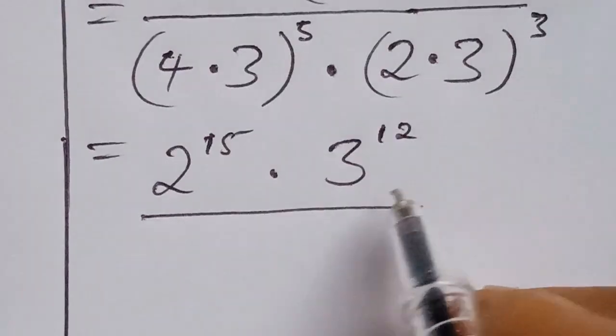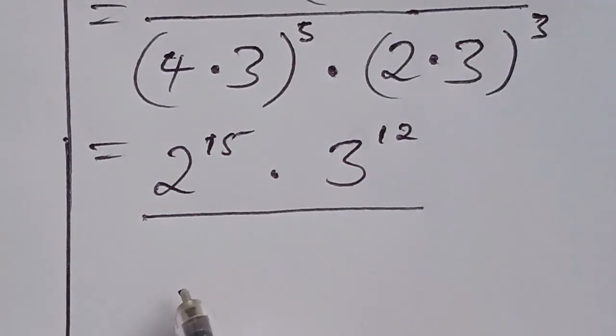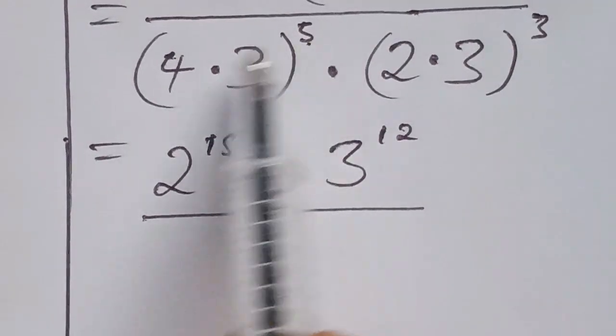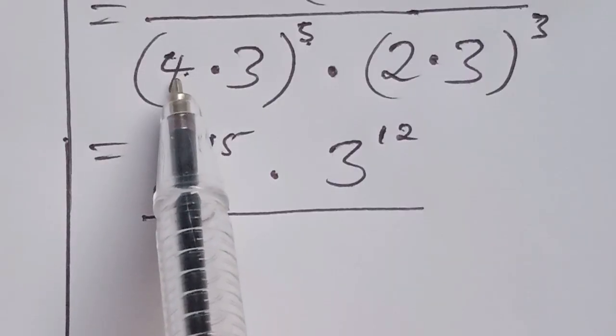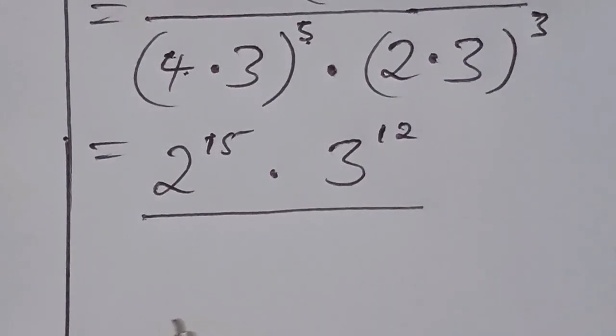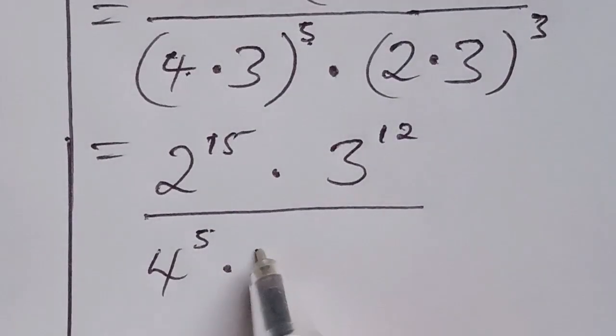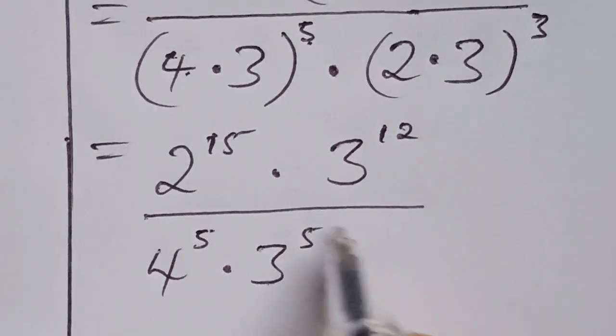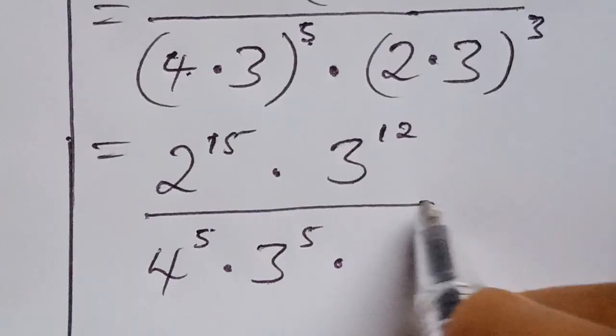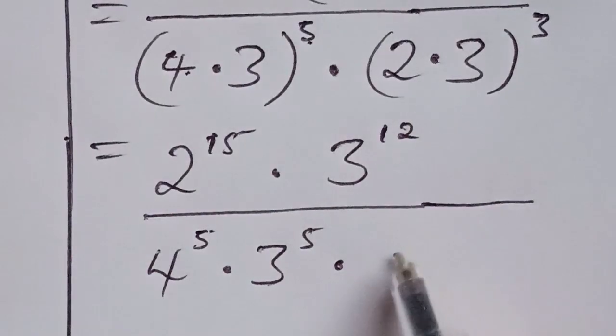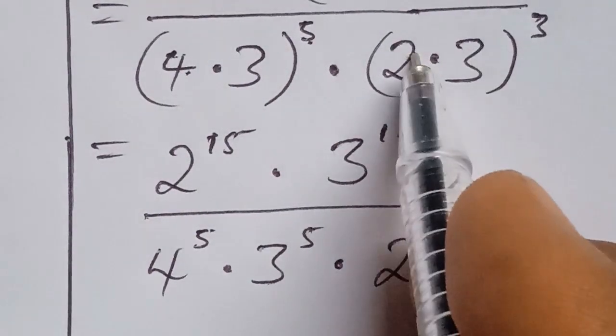Over what we have at the denominator. So multiply this with what we have in the bracket, and that gives us 4 to the power of 5 multiplied by 3 to the power of 5, and that is multiplied by 2 to the power of what we have in the bracket.